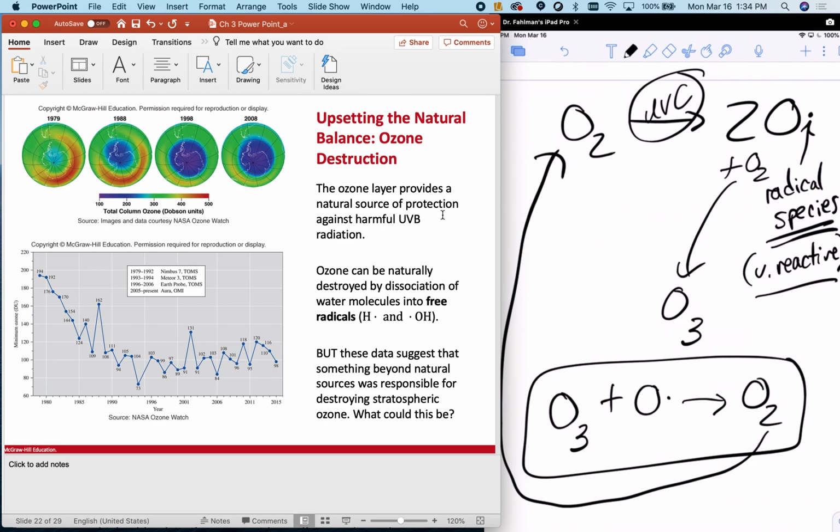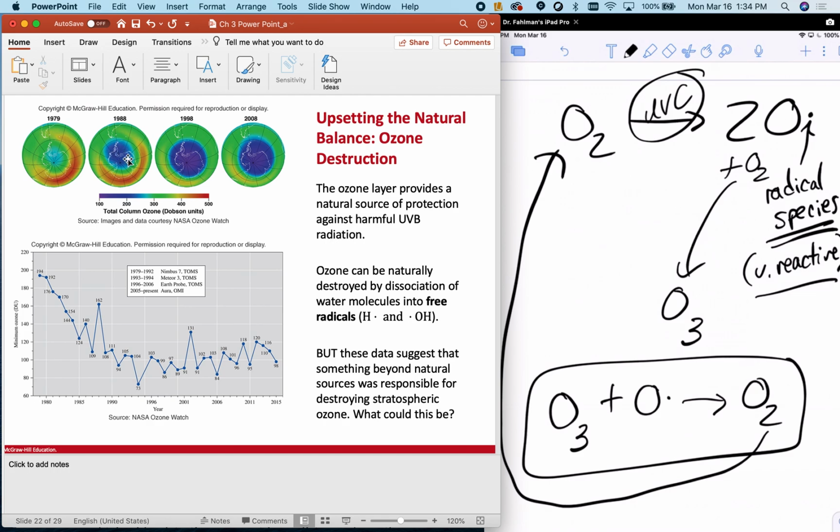So the problem is that ozone can be naturally destroyed by water molecules, so you've got these radicals that form. But again, that's a natural cycle, so why wasn't it depleting? If it was just due to water, for instance, why was it okay in the 70s and then in the 80s you had a hole in it?